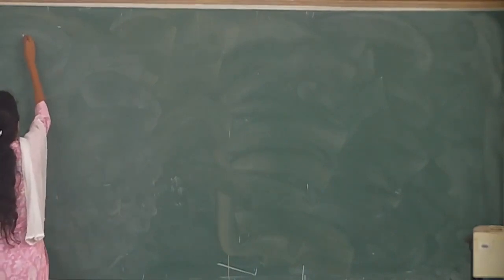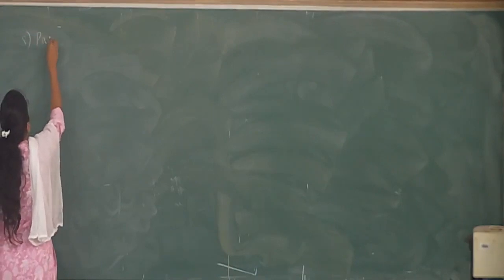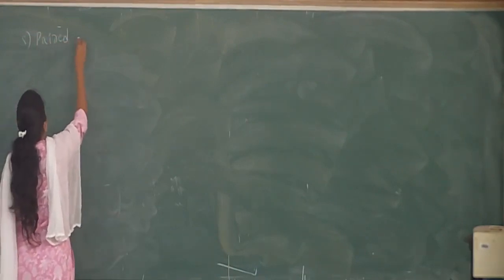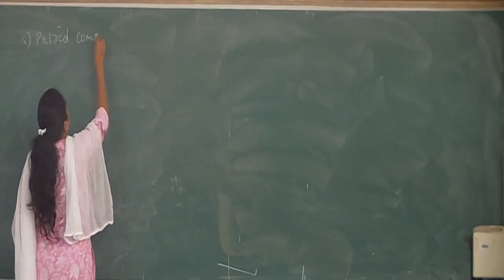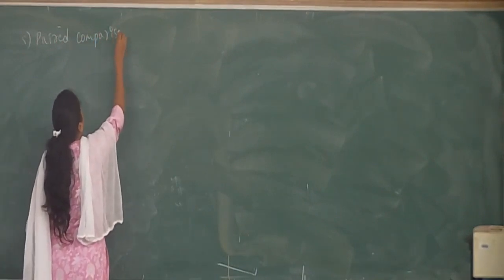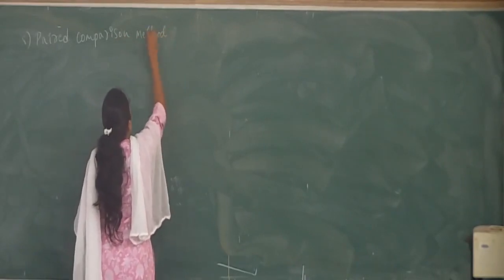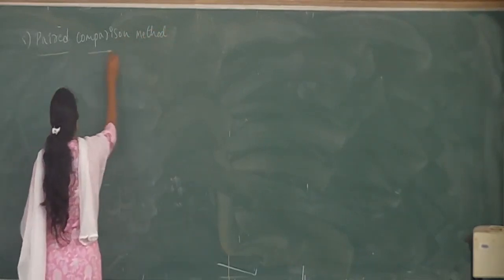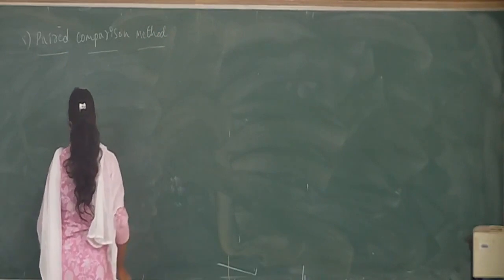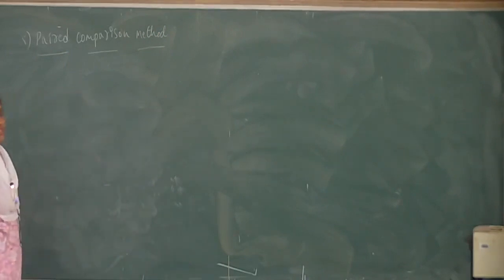So, the 8th one, it was paired comparison method. Here, the appraiser or the rater rates the employee by comparing one employee to another one at a time.